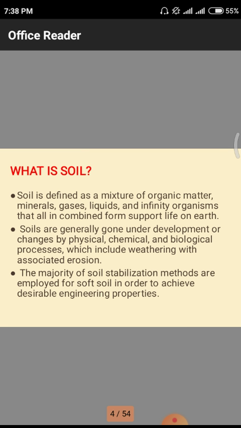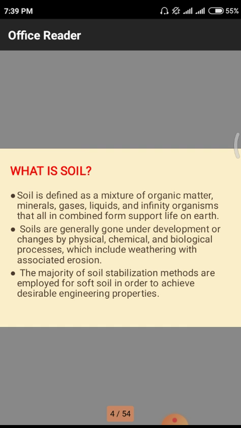Next are the liquids. By liquid we normally consider water, and now also petrol. All of those come under liquids. And an infinity of organisms. We have many different organisms.